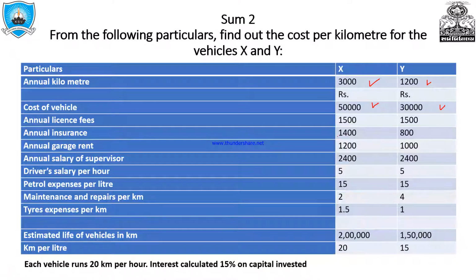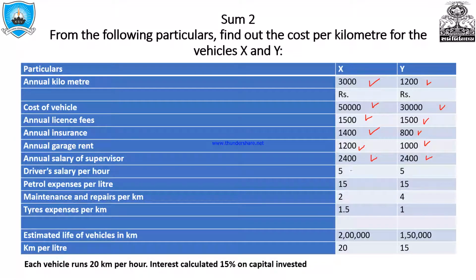Annual license fee 1,500 for both vehicles. Annual insurance 1,400 for vehicle X and 800 for vehicle Y. Annual garage rent 1,200 for X, 1,000 for Y. Annual salary of supervisor 2,400, 2,400.